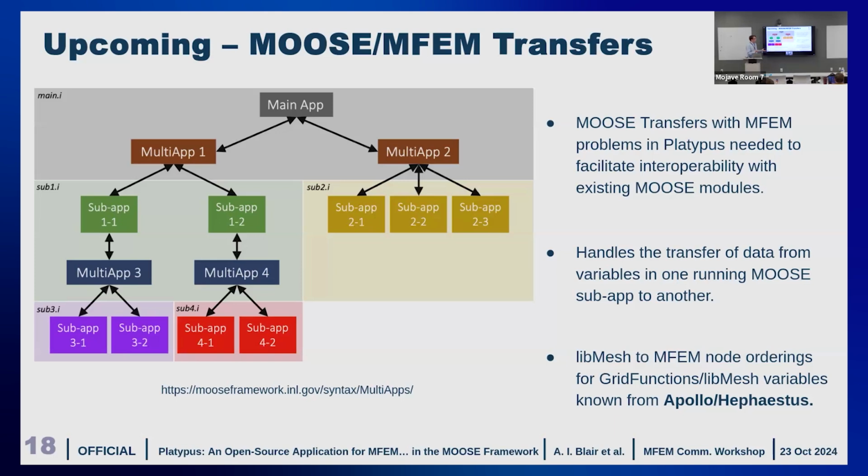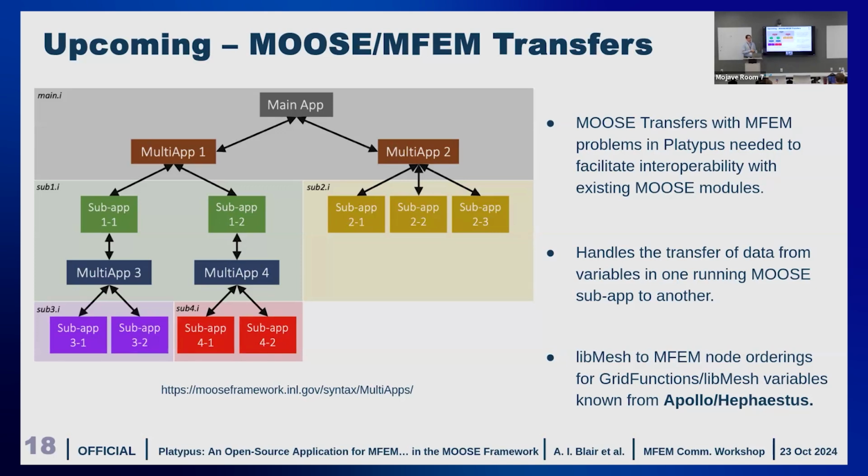What we would like to do is have transfers between MFEM sub-apps and MFEM sub-apps, and to and from libMesh-based sub-apps. We're pretty confident we can do this for simple element types because of our previous work on the EM work we showed earlier.